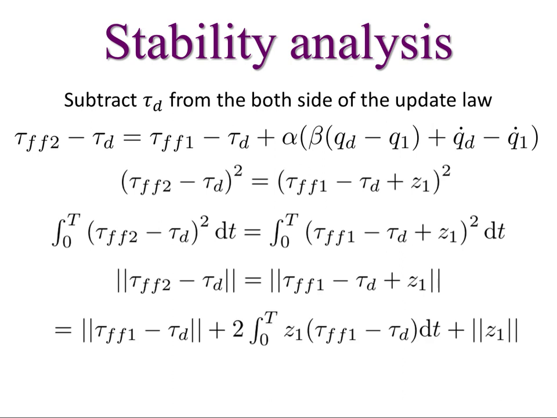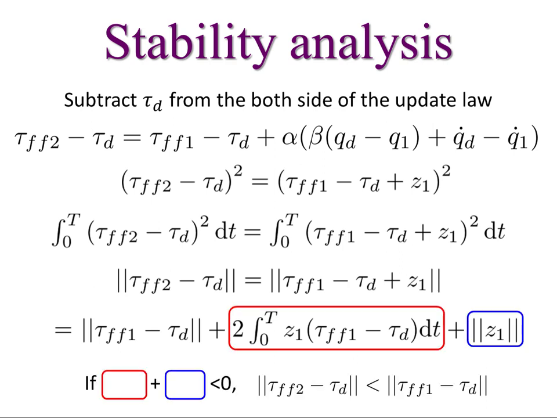Since the content of the norm on the right side consists of two terms, the feed-forward torque error tau ff1 minus tau d and the control error term z1, we can expand the right side to obtain this equation. Then, the left side is the magnitude of the feed-forward torque error at the second control trial, and the first term on the right side is the magnitude of the feed-forward torque error at the first control trial.